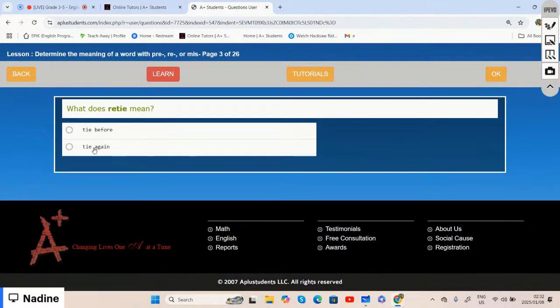The next one says, what does retie mean? Retie, is it to tie before, option one, or to tie again, option two? Retie.